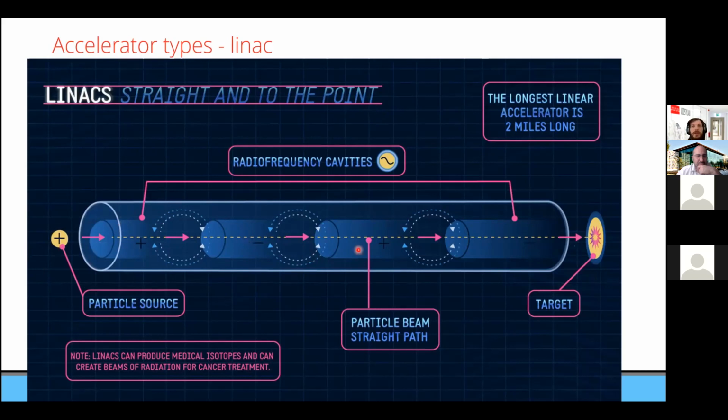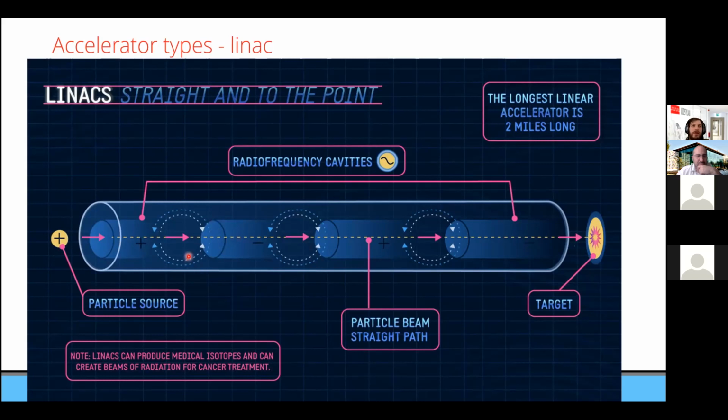All these are cavities, and if the source is a proton, you need a negative electromagnetic field so that the proton gets accelerated. You have to synchronize all the cavities so that when the particle passes a cavity, the electromagnetic field is negative.